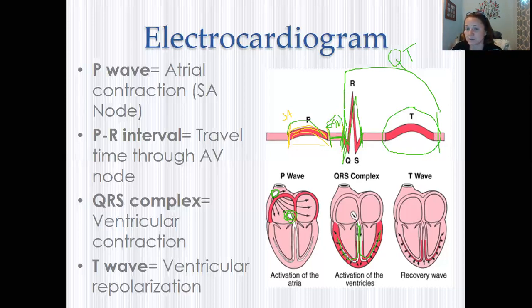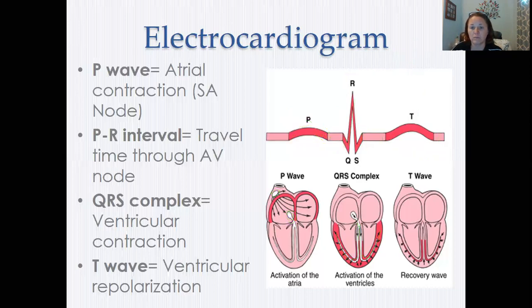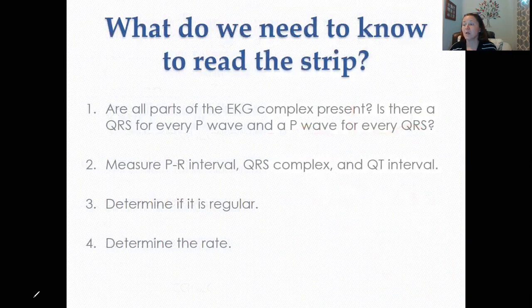So let's start talking about how we measure all these things. Okay, so what do we need to know to read a rhythm strip? We are going to talk about each piece of this puzzle, so do not fret. First up, we need to know, are all parts of the EKG present?